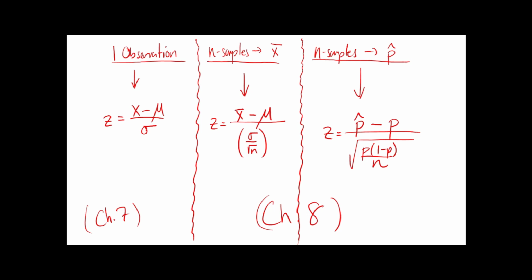You're still going to take that z-score to the z-table, and that's how you calculate probabilities associated with these random variables. Feel semi-comfortable with that? What questions do you have?